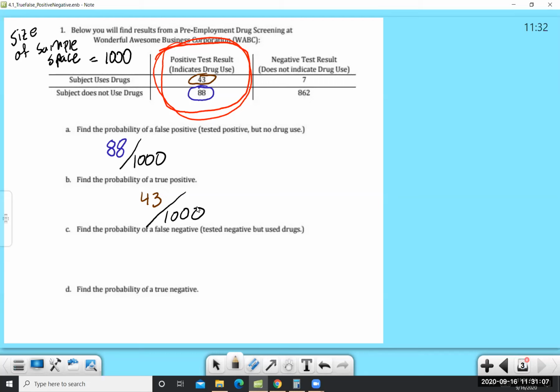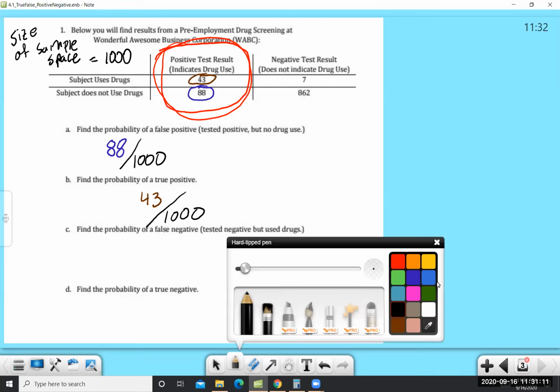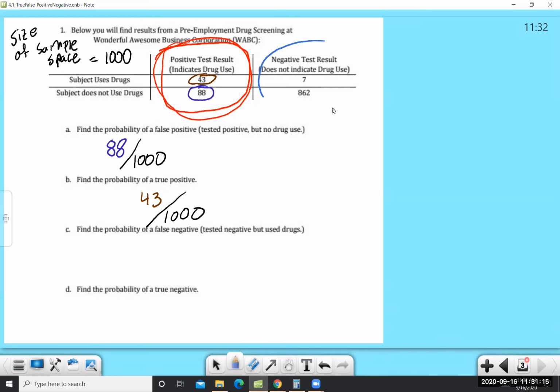Now, let's find the probability of a false negative. Okay, now we're looking at negatives. So negatives are going to be over here. Negative test results. If I get a true negative, that means there's no drugs in my system and the test says there's no drugs in my system. So true is when the actual event and the test itself agree.